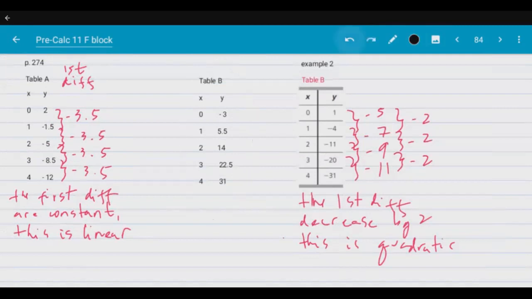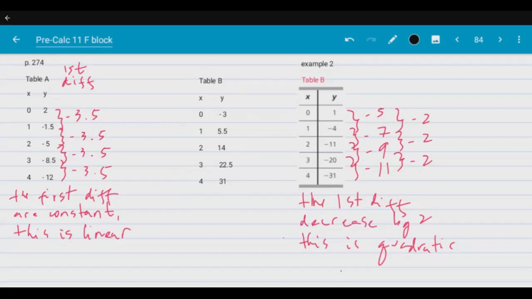This is letter B on check your understanding number 2. So once again, I just rewrote the table vertically because horizontally, I just find it not to my liking.